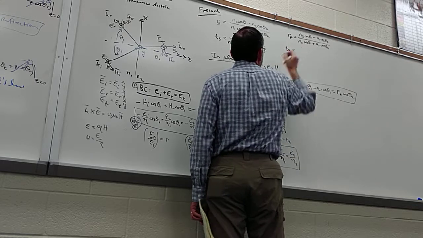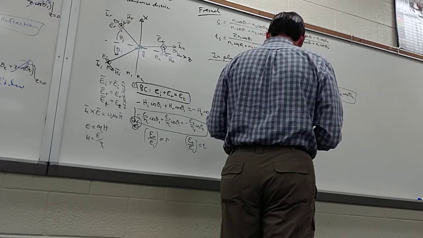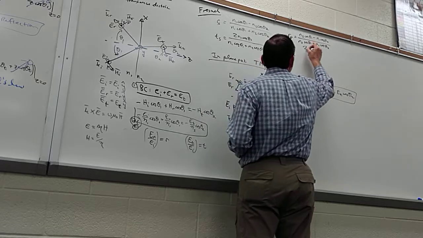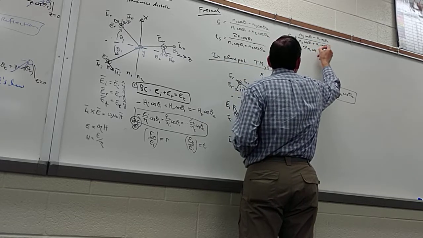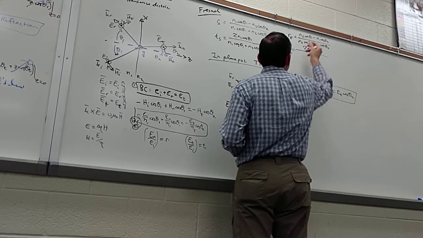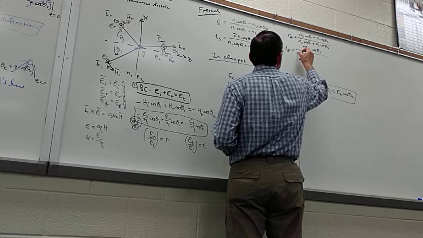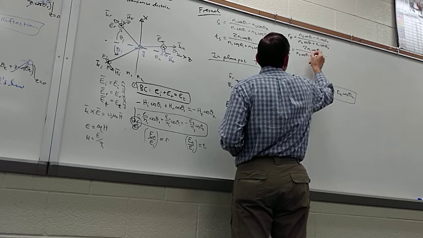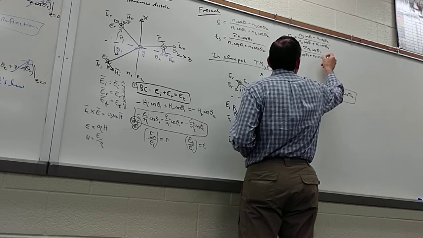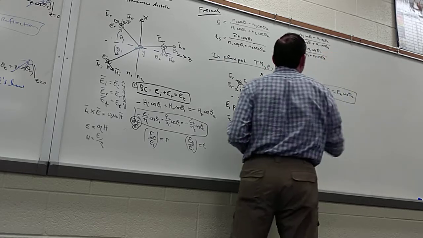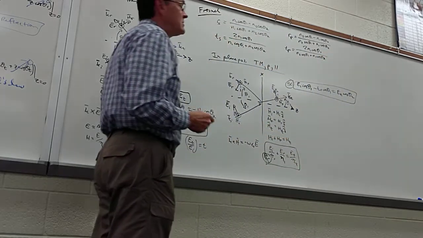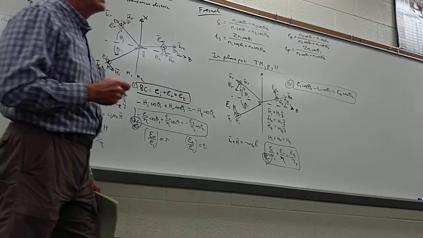And t_p is equal to 2 n1 cosine theta 1 over the same denominator as for r_p, n2 cosine theta 1 plus n1 cosine theta 2. And those are our other two Fresnel equations.